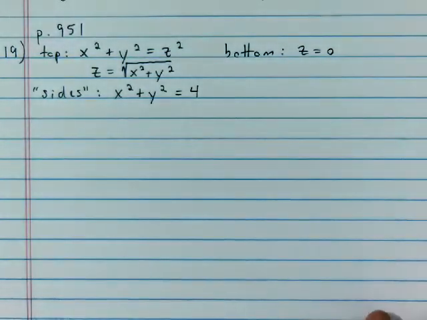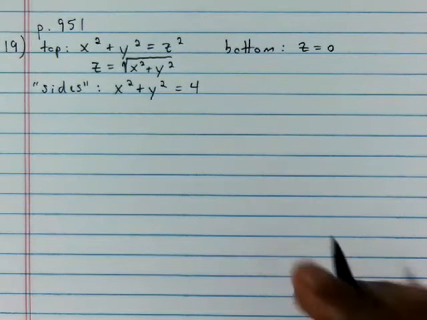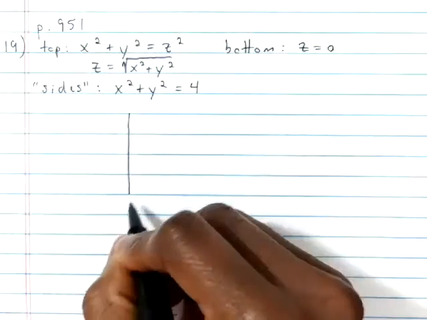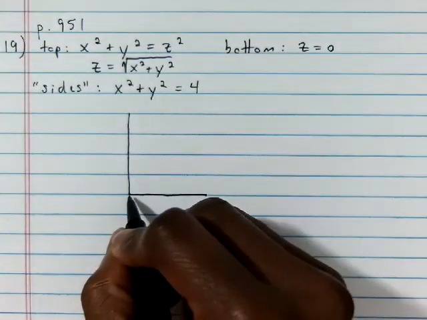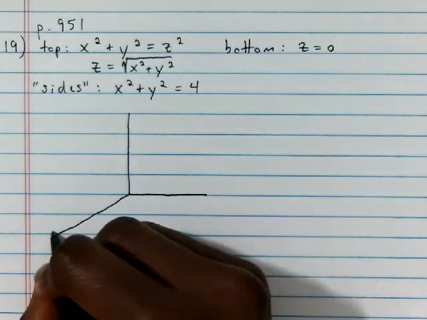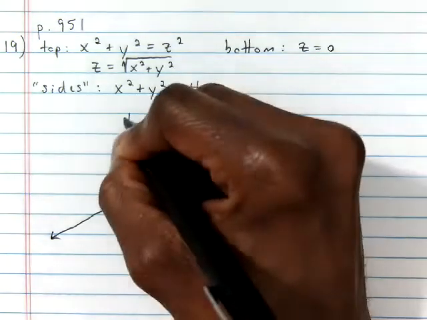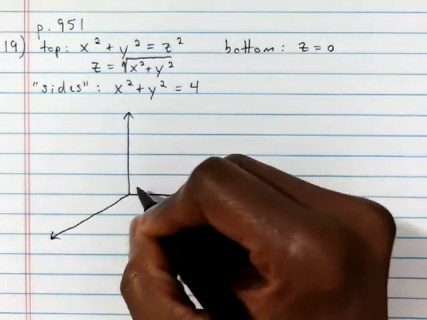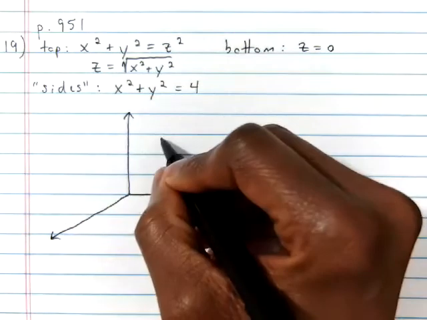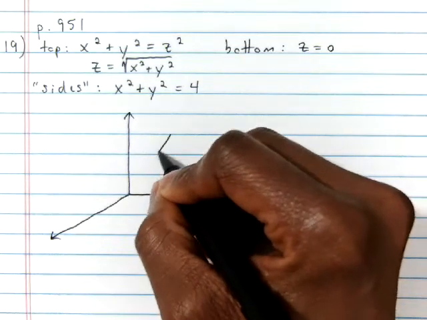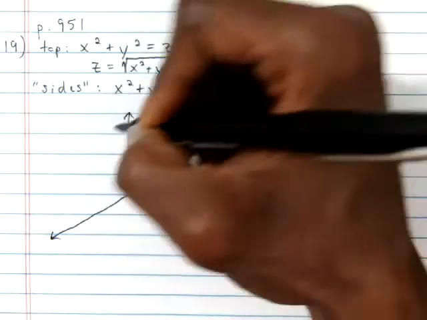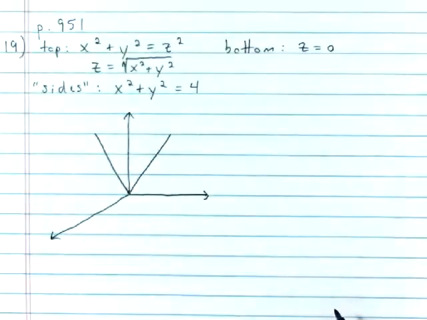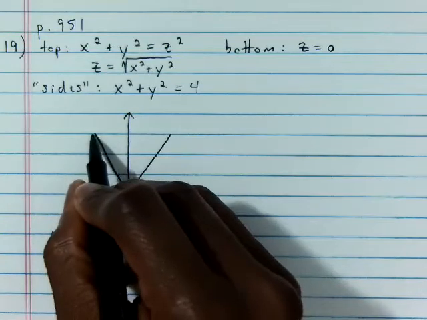I'm going to go ahead and sketch this in 3 dimensions so we have an idea of what's going on here and some information we can figure out from our sketch. First I'll sketch the cone, the upper nappe of the cone. Actually, I should have sketched the cylinder first.